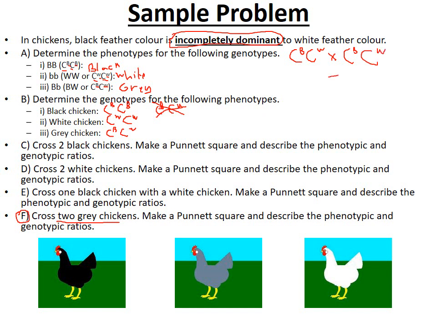And so what I'm going to do now is put the alleles in the Punnett square like you would normally do for any Punnett square. I'll put the father on the top here, or the mother, it doesn't really matter, they're both the same genotype. So CB gametes, CW gametes, so the gametes are made in the same way, CB or CW. And then over here, same idea, we have a CB or a CW.